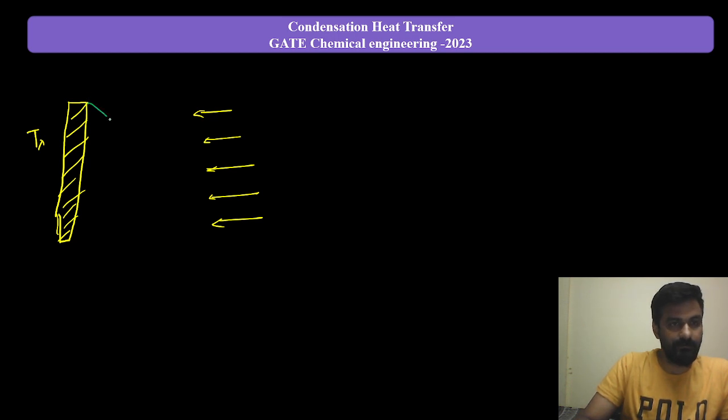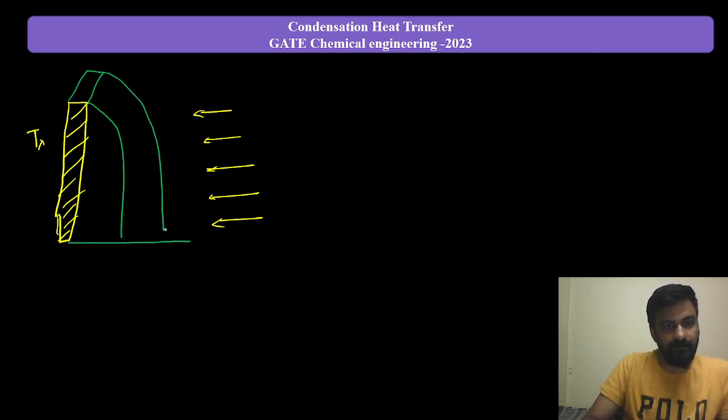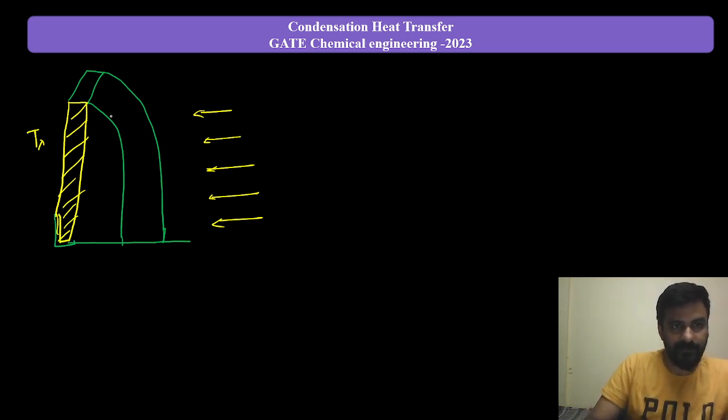I'm drawing this graph a little bit in this way. Try to understand what I'm trying to tell you, because it will be very helpful for deriving the mathematical equation for condensation. The vapor will come in contact with the surface and get condensed in this form.